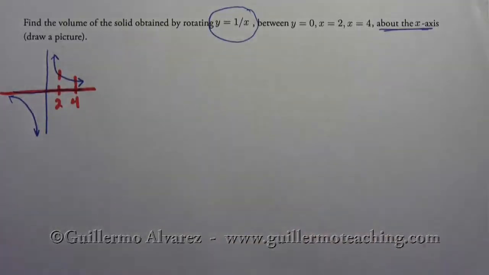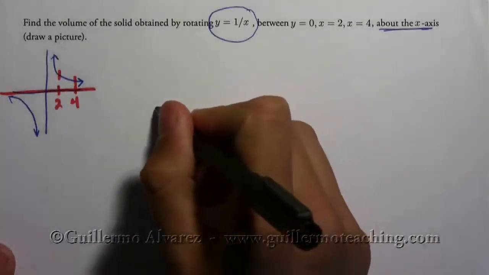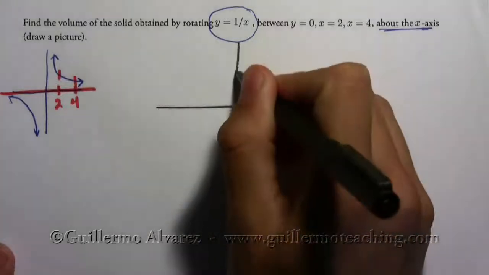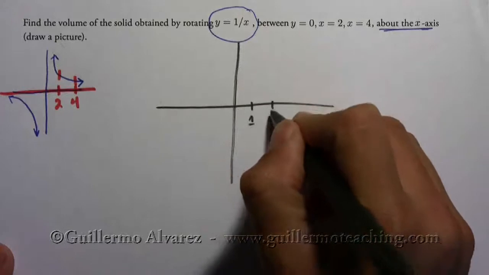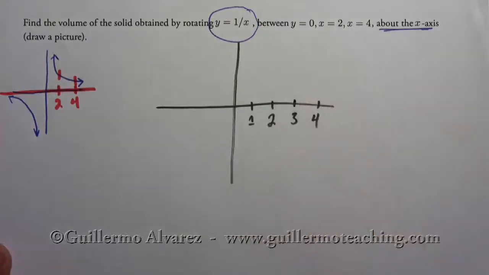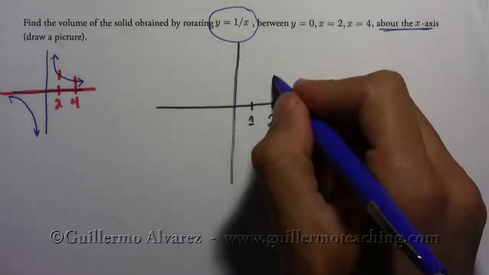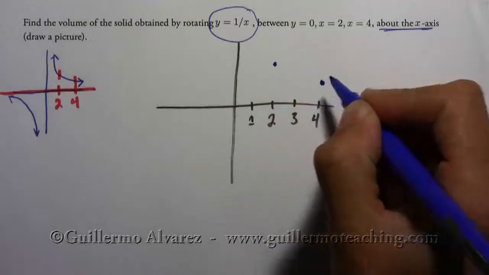Let me draw it bigger right here in black. So let's say this is 1, this is 2, 3, 4. Here it's going to go between 2 and 4.